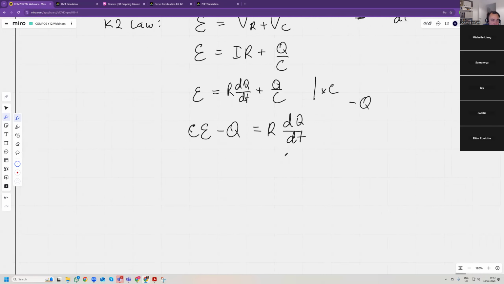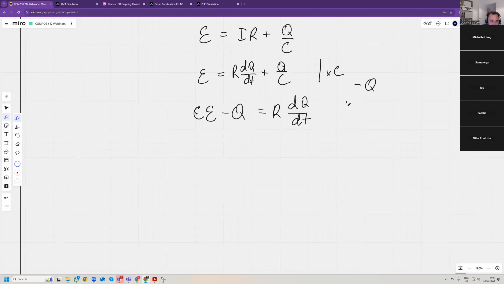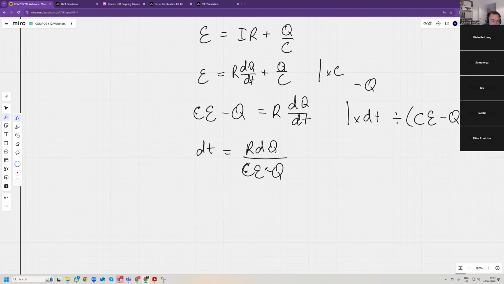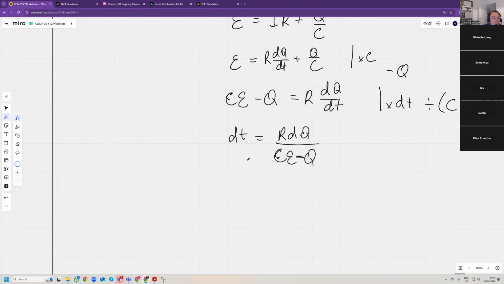Then I multiply everything by dt and divide by C EMF minus Q. So I get dt equals R dQ over C EMF minus Q. All right, so now I can take the minus out.